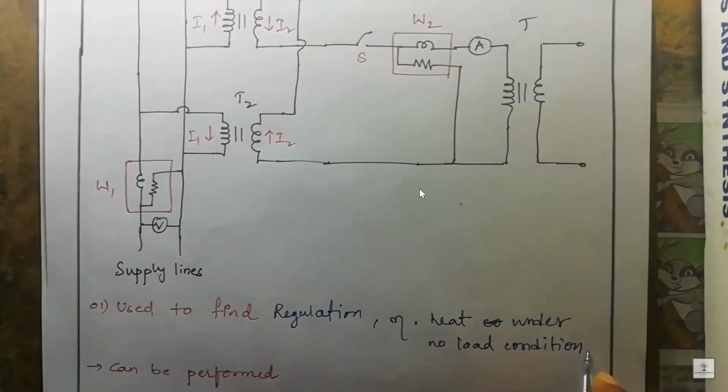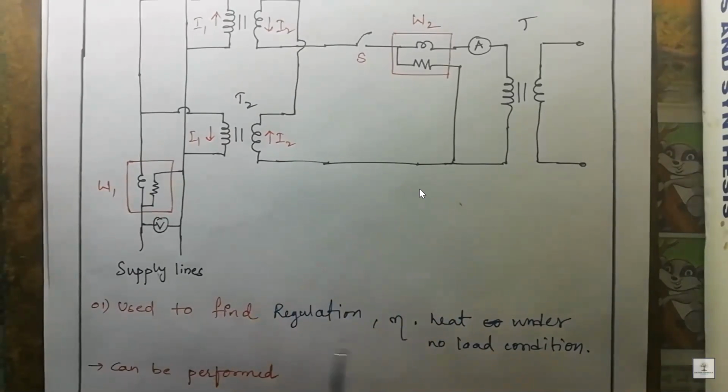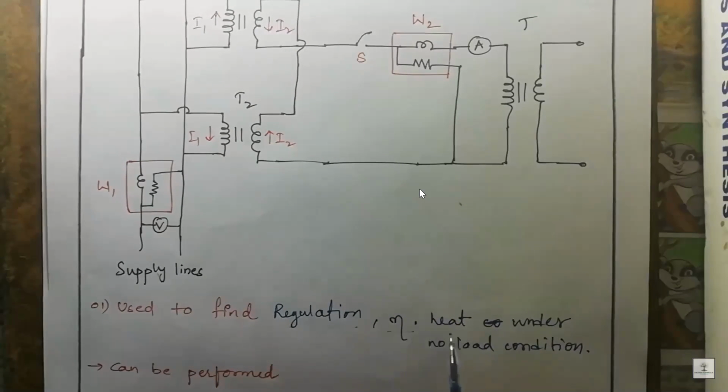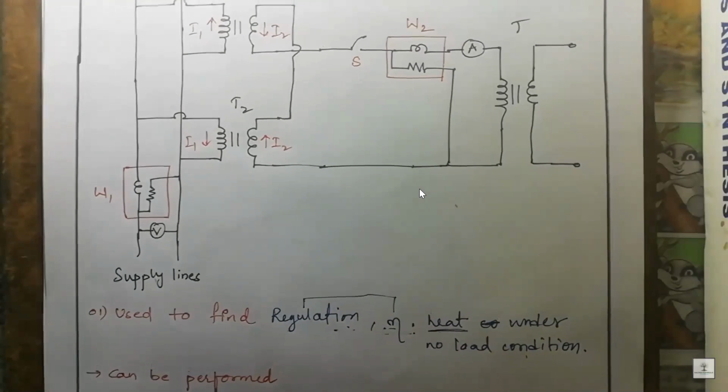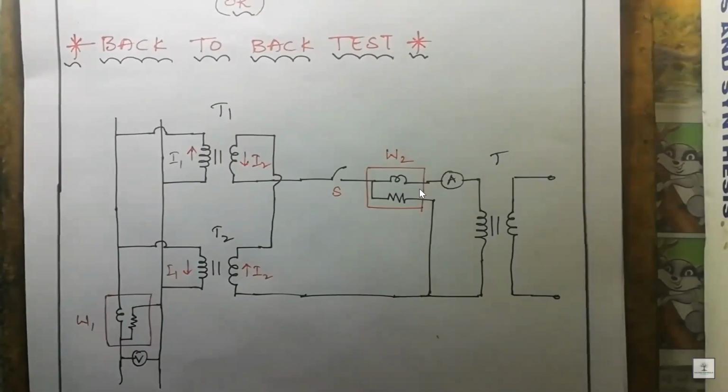So this is our requirement from this test, that we are going to find regulation, efficiency, heating under no load condition. This regulation and efficiency we can find from OC and SC test also, but we can't find the heating conditions. So this is the main purpose of this test, that is Sumpner's test.